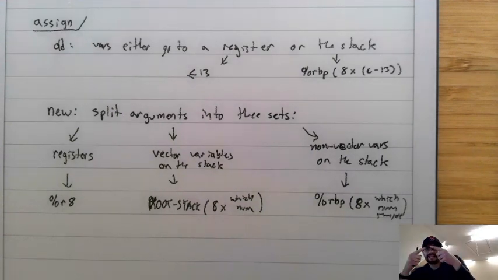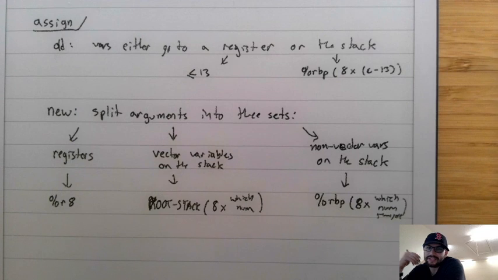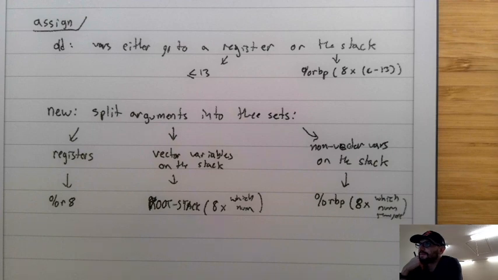Then we might say that they conflict with one another because they're live at the same time. But because they both end up being after 10, that means that we know they're going to be installed in the stack, but one's going to be installed in the normal stack and one's going to be installed in the root stack. So that means they don't actually conflict. So this is an example of some conservatism in our register allocator, where it's going to do a slightly worse job than it would otherwise. Okay.